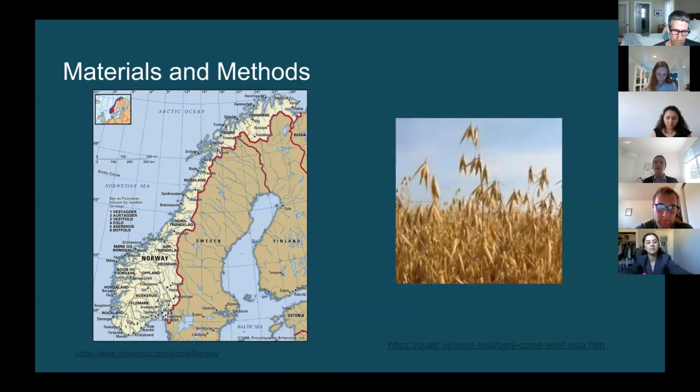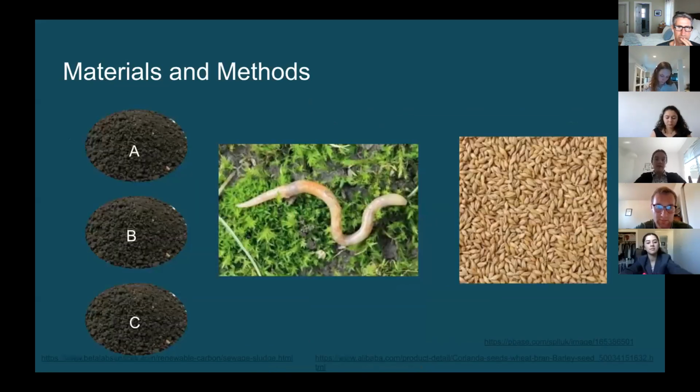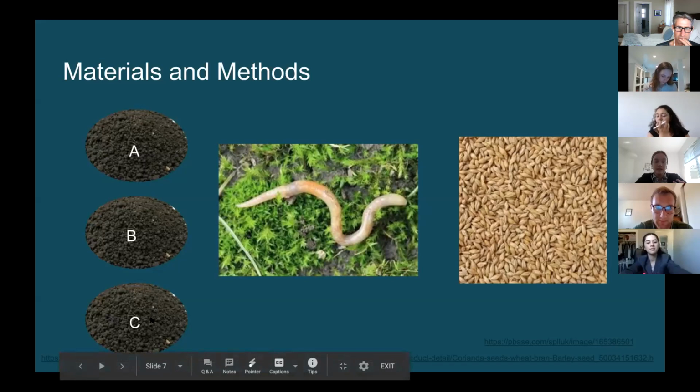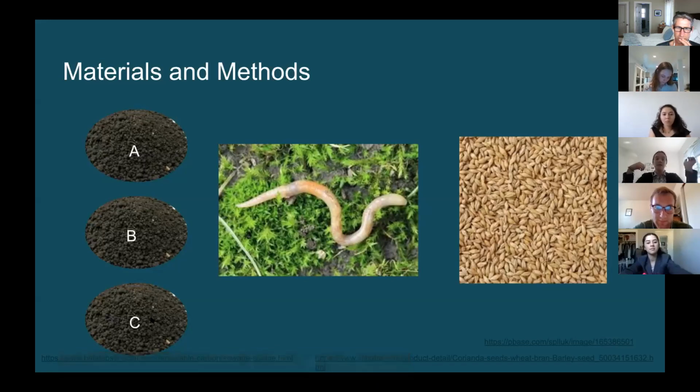In a greenhouse, they took soil that was used to grow oats and put it into pots. This was a silty loam soil. Then they added sewage sludge. They took sludge from 3 different wastewater treatment plants, A, B, and C, and mixed those with the soil, in different amounts.